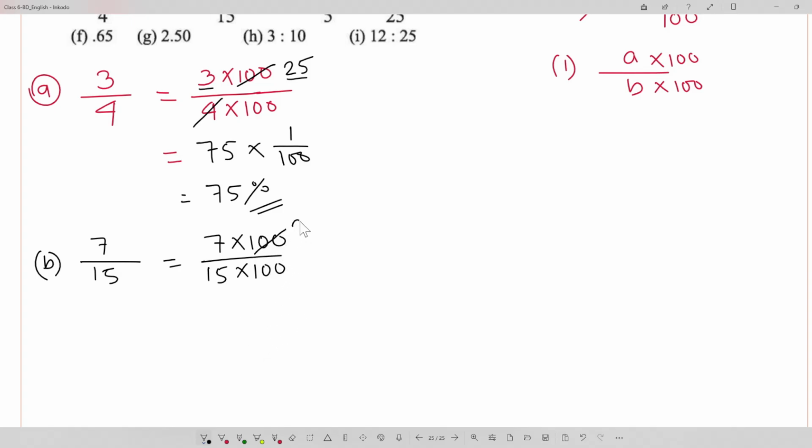So here is 20, and here 15 by 5 will be 3. So here 7 times 20 will be 140 by 3, and times here is 100.